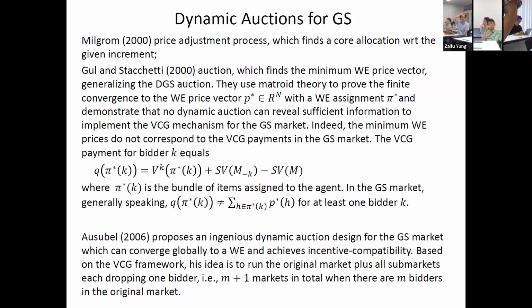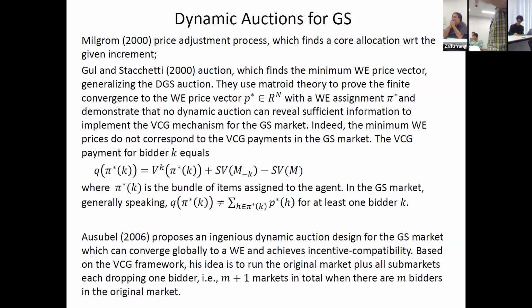Basically, I think they have something in mind that they try to design a dynamic auction which should extract enough information so as to achieve the VCG outcome. But it seems that you need some definition of the dynamic auction to make that statement.